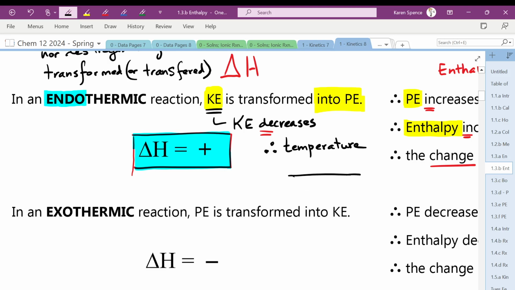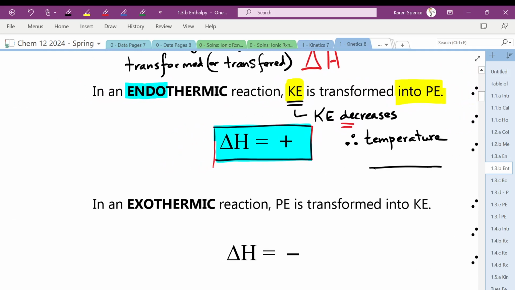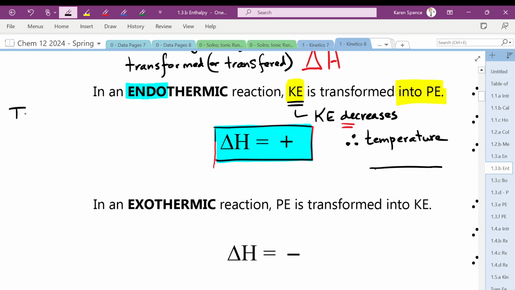If the kinetic energy decreases, what happens to the temperature? What is temperature?